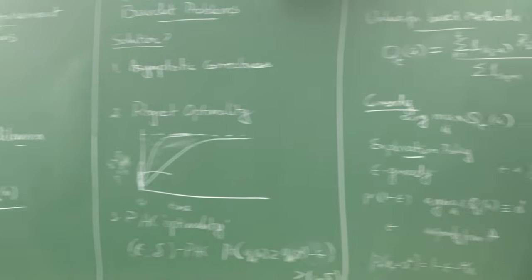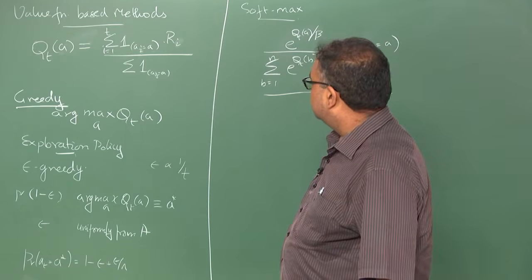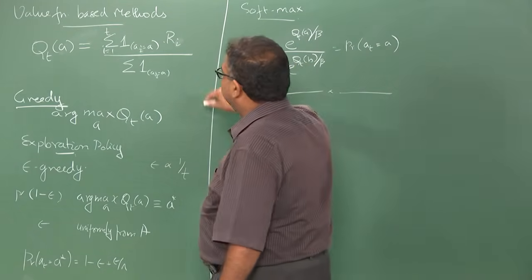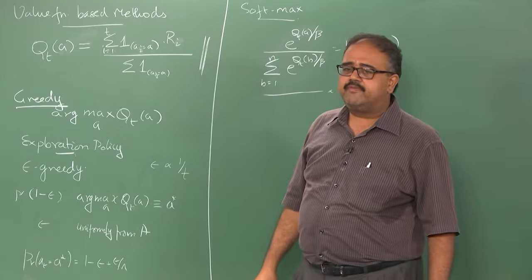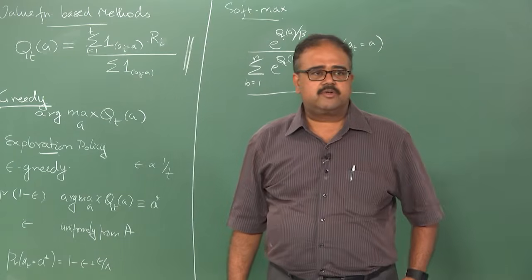Okay. So before I go on to regret optimality, there is one small thing which I want to talk about. Here I gave you a way of estimating the Q_t. So what do you notice about that?